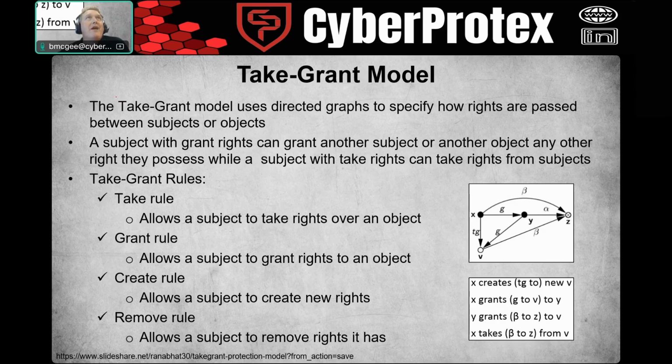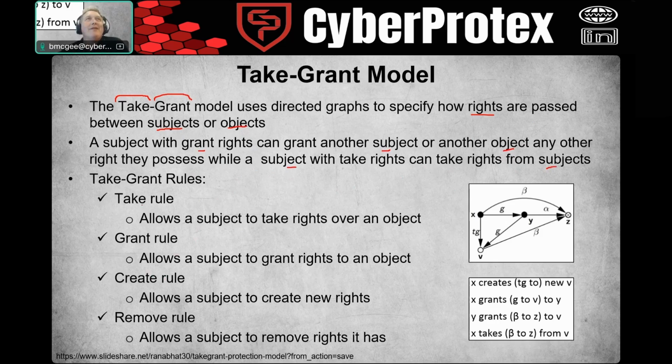This is the Take-Grant model. So you take stuff away or you grant permissions to it. And so that covers how rights or permissions are passed between users and computers, or subjects and objects. We can grant rights either between one subject and an object, or we can have a subject take rights from other subjects.